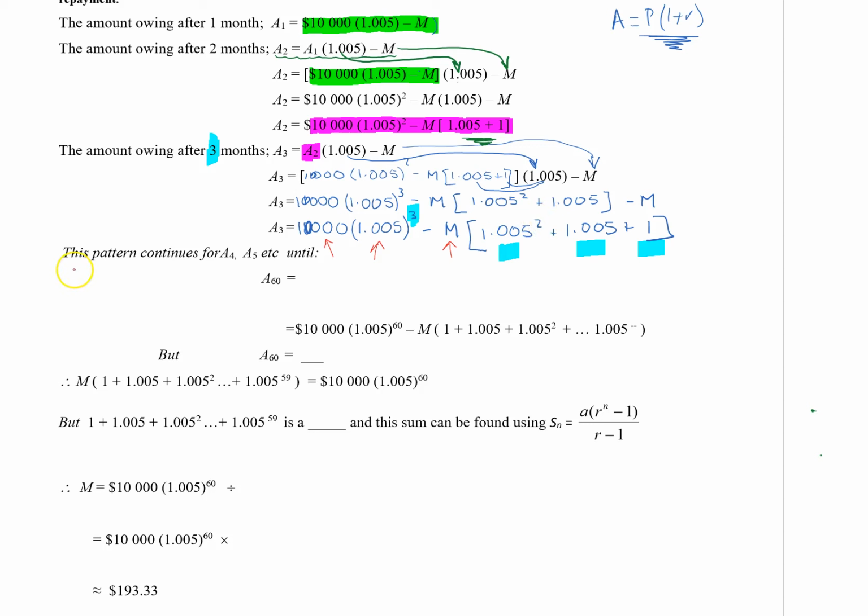Now, it says there this pattern continues for 4, 5, 6, etc., all the way to A60. Now, let's have a look at what that would look like.